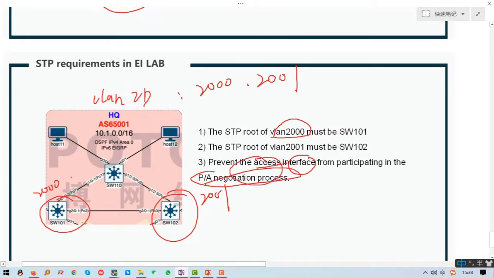For this requirement, we should use PortFast to solve it. So, let's demonstrate the configuration together.